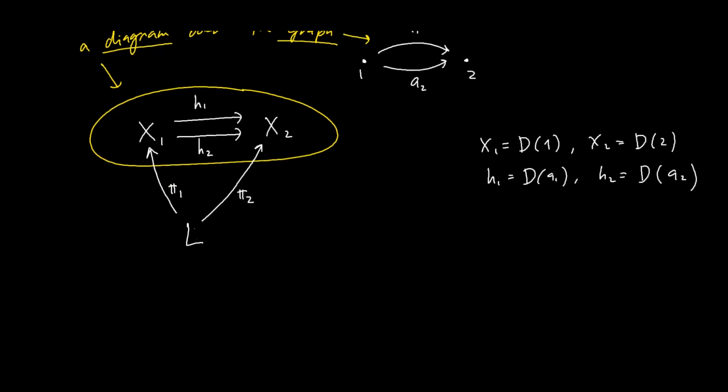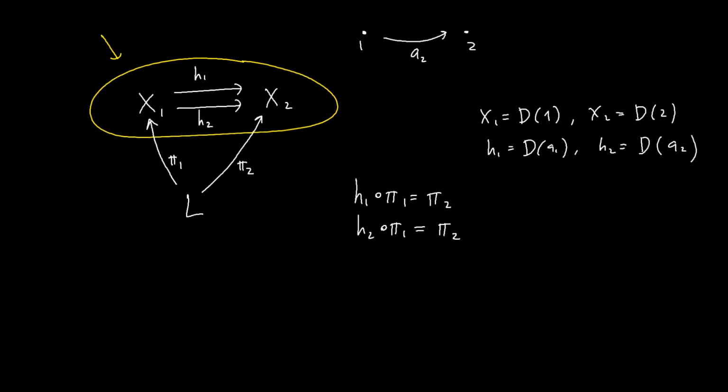So a limit is not just any set with arbitrary functions pi1 and pi2. I want these functions to interact with the functions h1 and h2 in the following way: h1 composed with pi1 equals pi2, and also h2 composed with pi1 equals pi2 as well. Of course, in this specific case, pi2 becomes uniquely determined by pi1, because pi2 is just that composite.